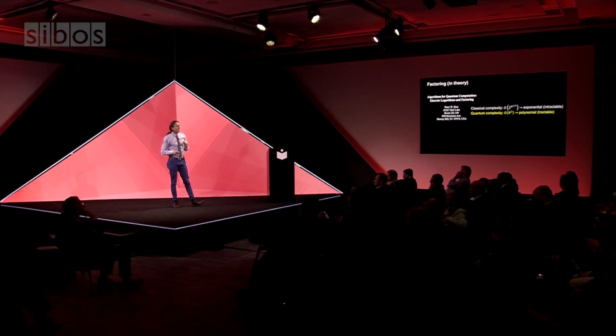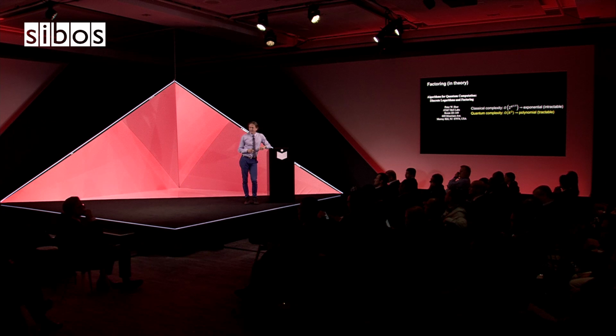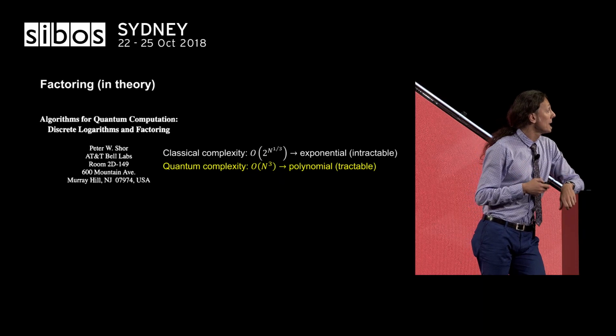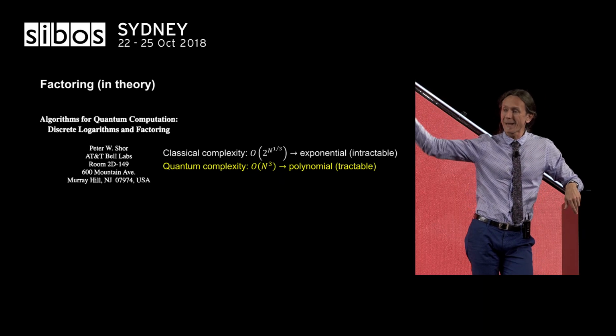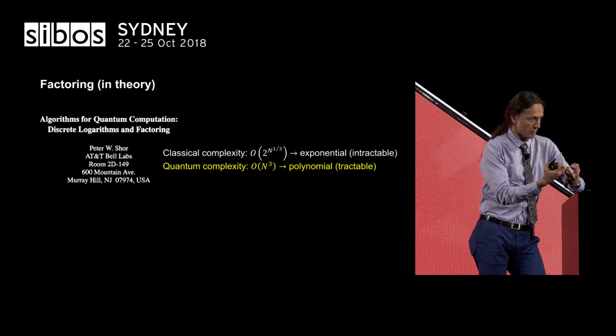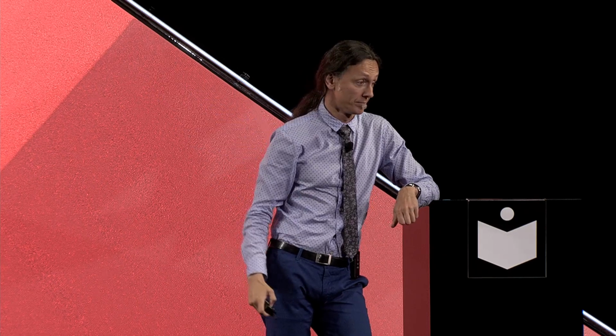All right. Now, this is what you've all been waiting for, factoring, right? You guys work in the finance industry. You have data that is precious, that needs to be encrypted and kept safe. And you've probably heard that a quantum computer can crack classical encryption because it reduces the computational complexity of finding the prime factors of a composite number from exponential to polynomial.